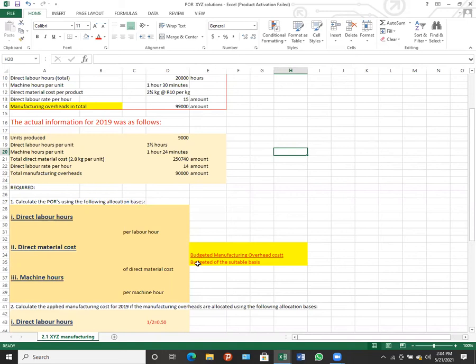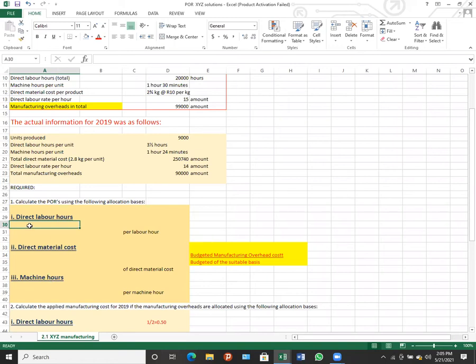But if your base is units like hours or volume, your answer is going to be an amount per that basis. For example, here we calculate the POR using the following allocation bases: direct labor hour, direct material cost, machine hour.